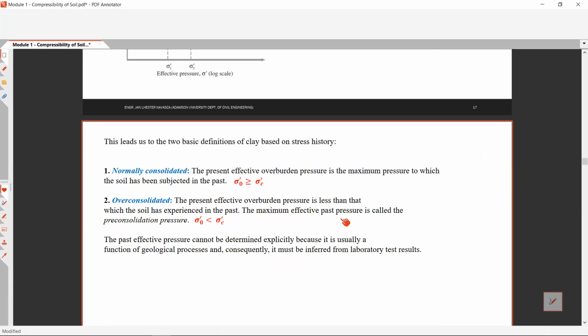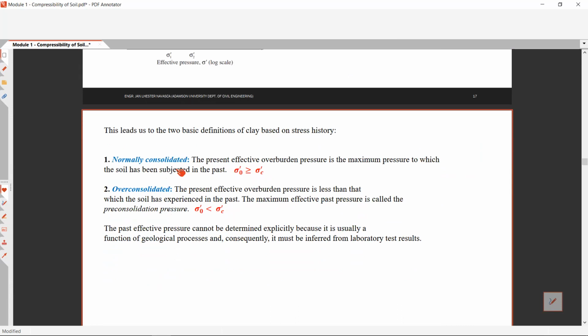Kanina ko pa sinasabi what is normally consolidated and over-consolidated. Normally consolidated soil is a type of consolidation where the present effective overburden pressure, or the present effective stress, is the maximum to which the soil has been subjected in the past.